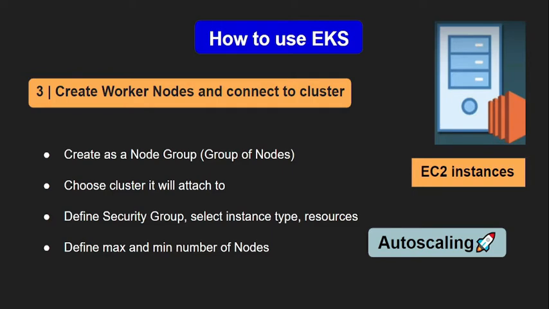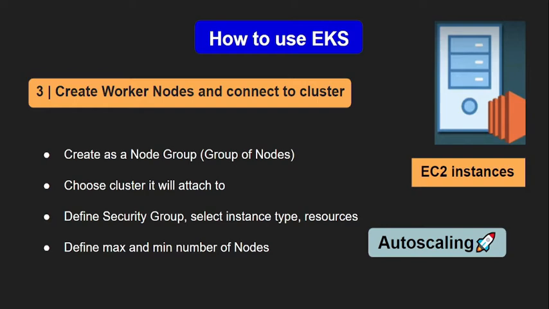So basically, you choose which resources your EC2 instance should have, and with a node group, you also have auto scaling, which is pretty cool because based on your cluster needs, depending on how much load the cluster has, new worker nodes will automatically be added or removed in the cluster.